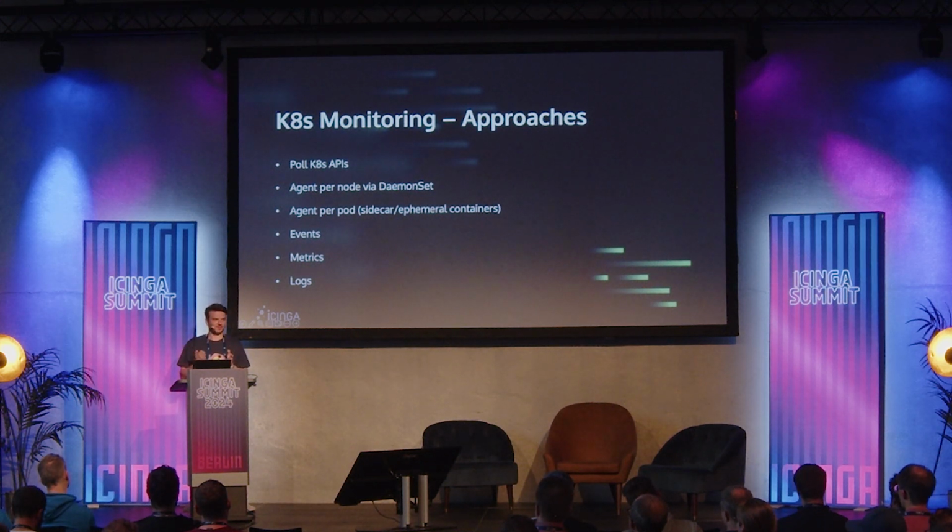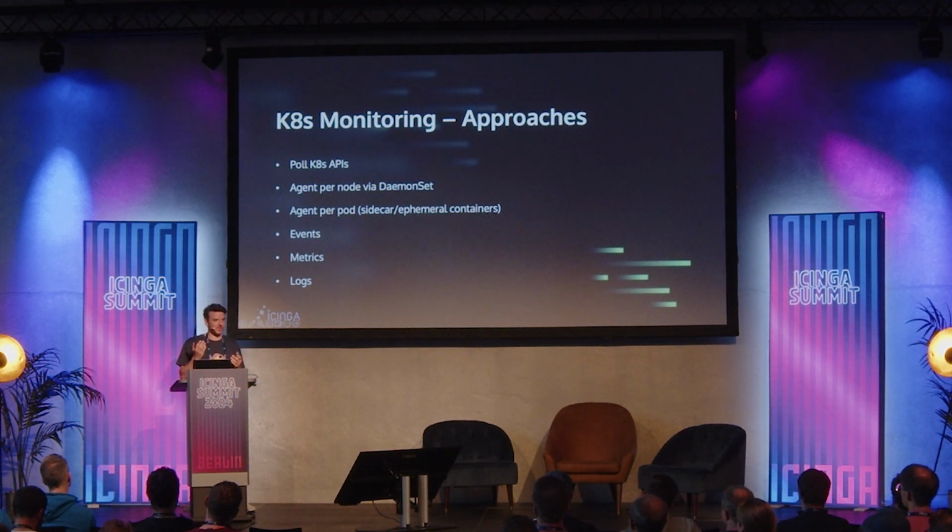But since pods and stuff comes and goes so fast, this makes no sense, since Icinga would have to be constantly restarted in order to apply all the changes which happen in Kubernetes to be reflected in Icinga. So that is something we don't do.